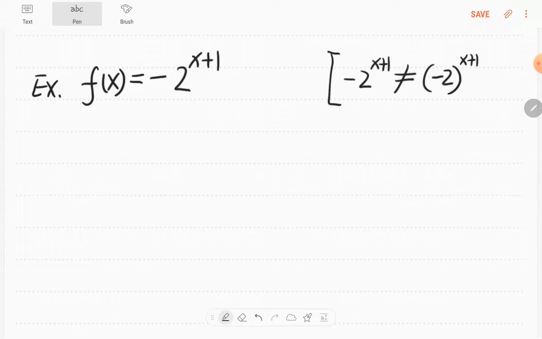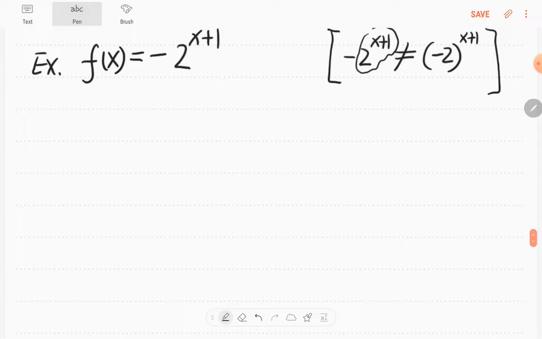So they are different. The left side is we multiply by -1 on this exponential function. And the right side is actually the base is -2, right? That is totally different.